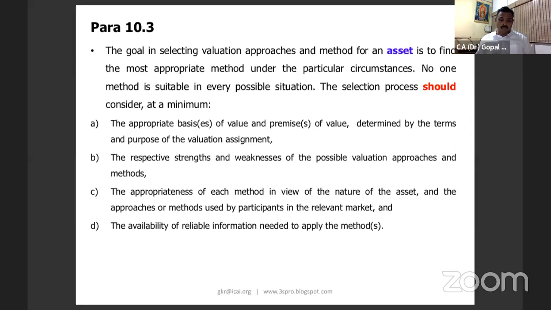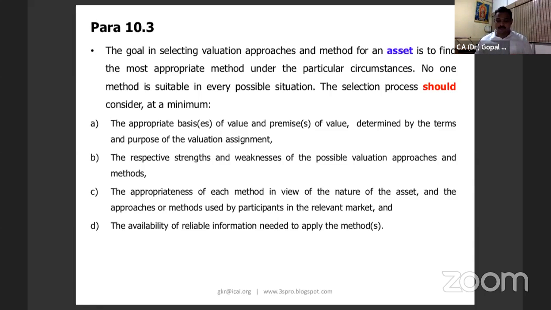In 103, I am sure 103, you would have seen it. In 103, para number 30.1, that is para number 30.1 C and D, they have given that the approach or approaches adopted must be conveyed at a minimum in your valuation report.